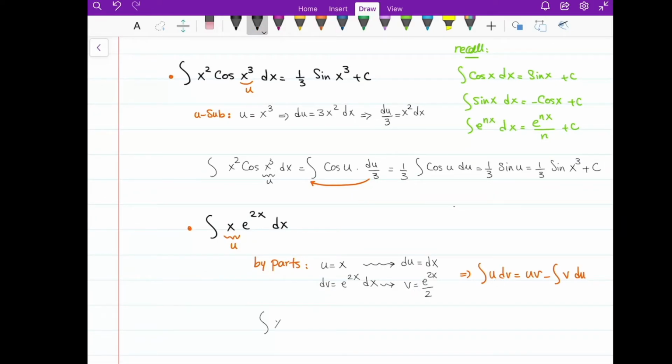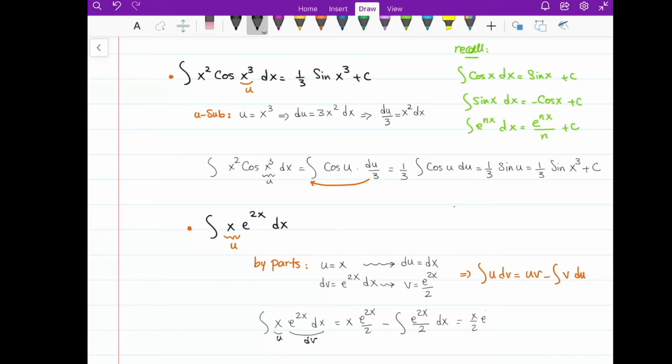So the integral of x e to the 2x dx, this is my u, this is my dv, would be u, and then v is this function that I get, e to the 2x divided by 2, minus the integral of v, e to the 2x divided by 2, du. Du is just dx. Perfect. So this is the function. I don't need to do anything with this one.